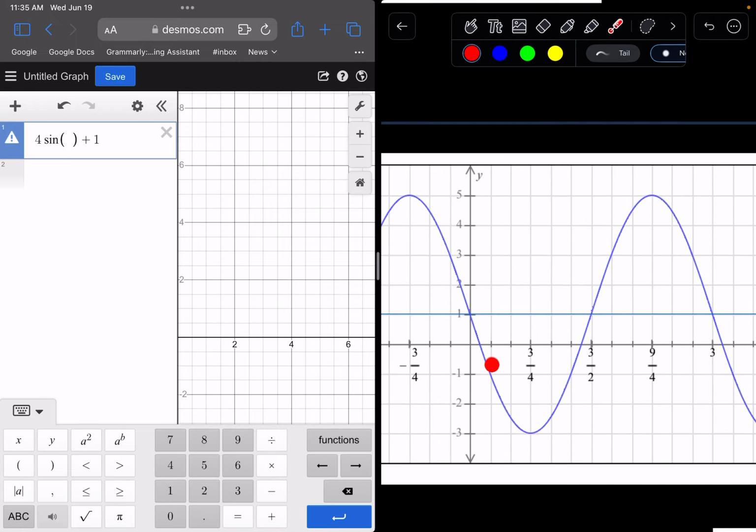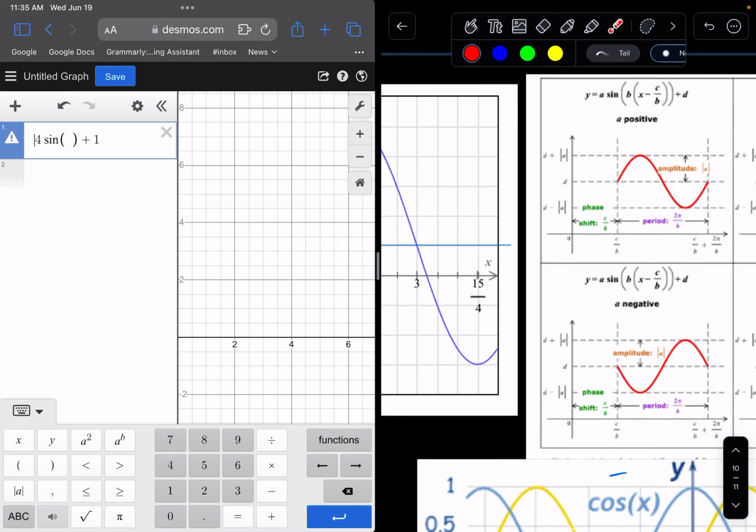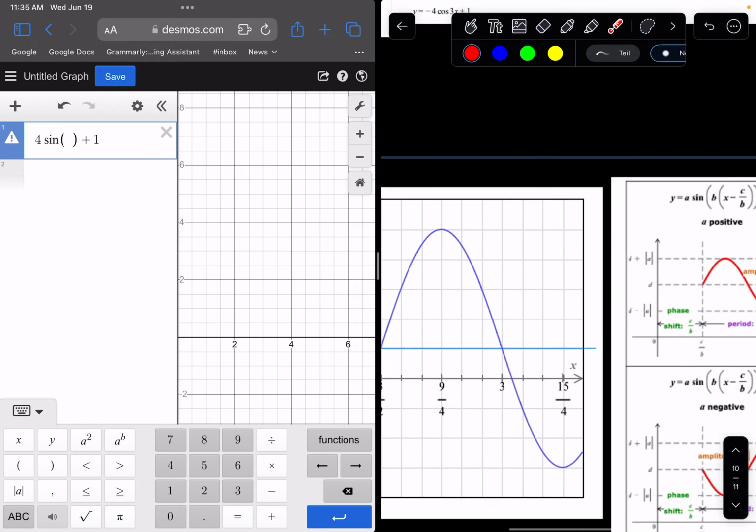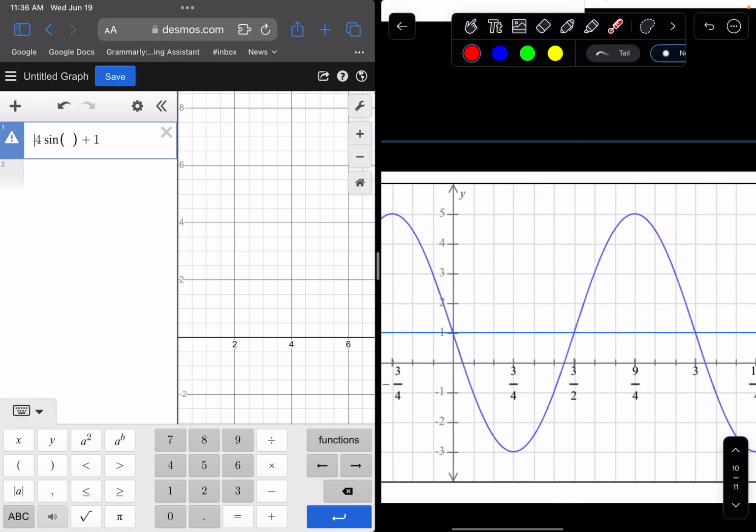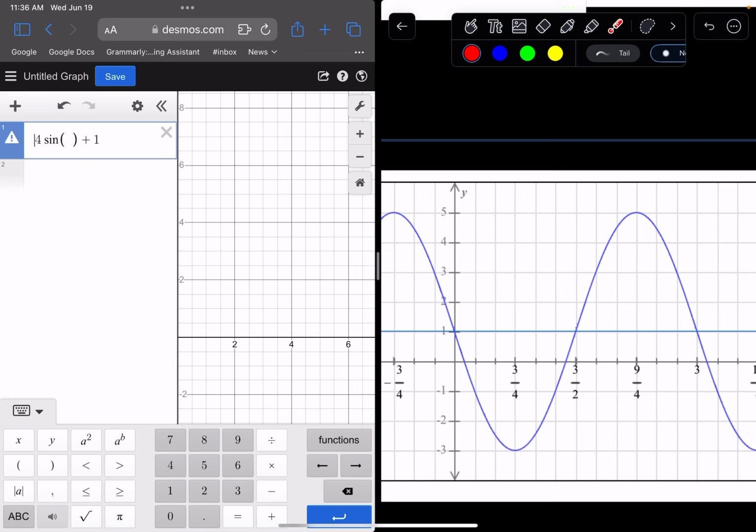You can see it's negative first, then it goes to positive. So that would indicate it is negative. If it were to be from the origin positive, then to negative, then you know it's a positive sine graph. But in this case, it's going negative, so it's negative over here. Negative amplitude.